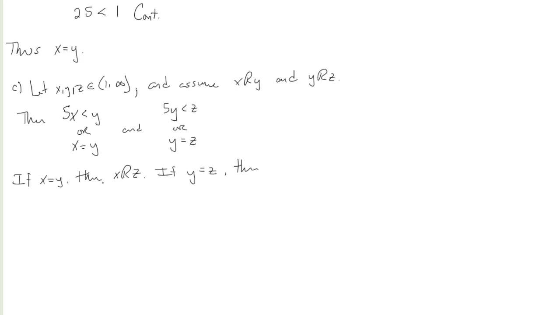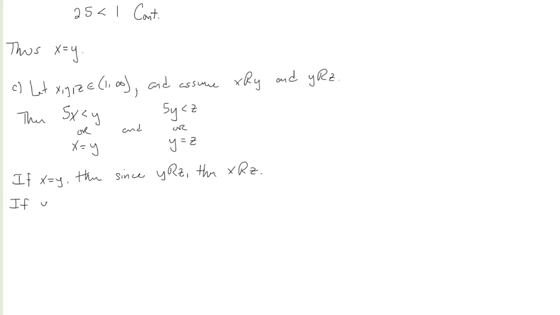Oops, did I make a mistake there? If x equals y, what am I using? Let's back up. If x equals y, then since, let me write all the details here, since y is related to z, then x is related to z, and we're done. That's what we need to show.